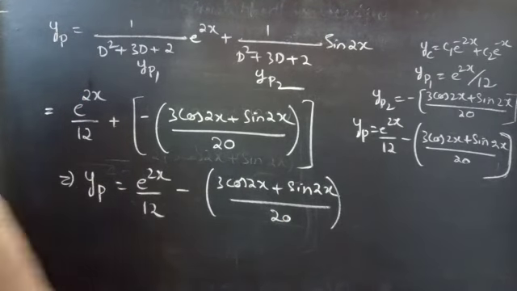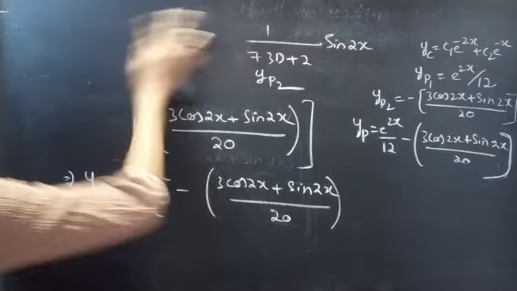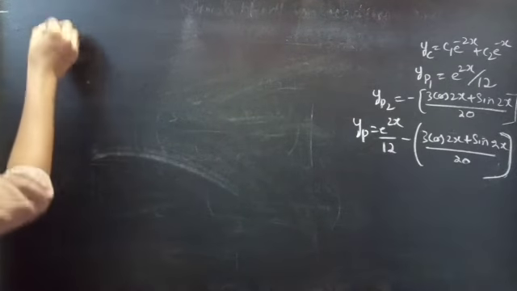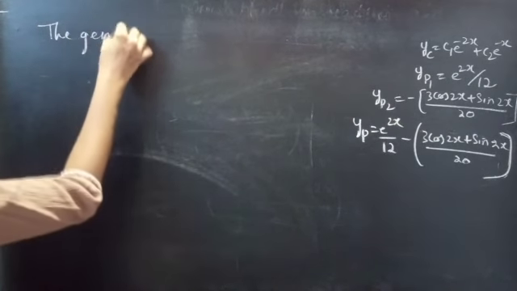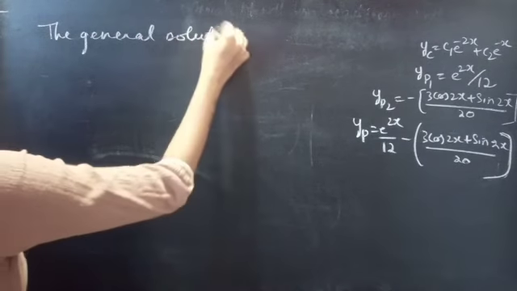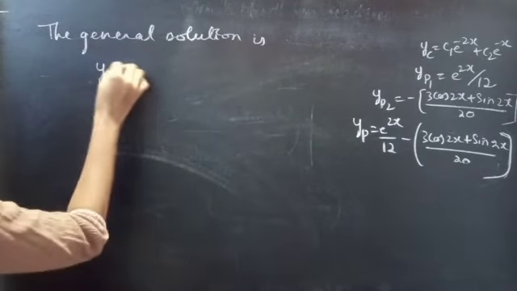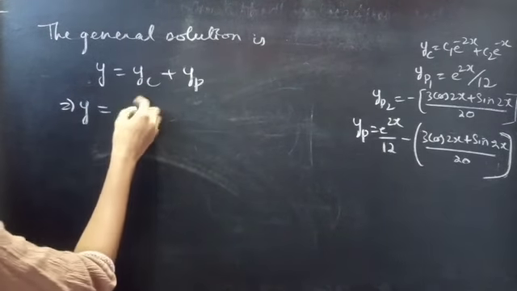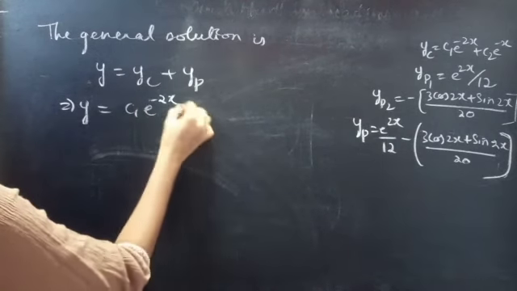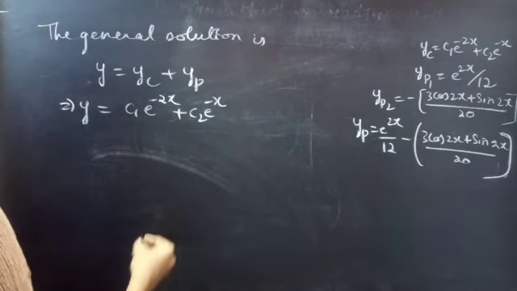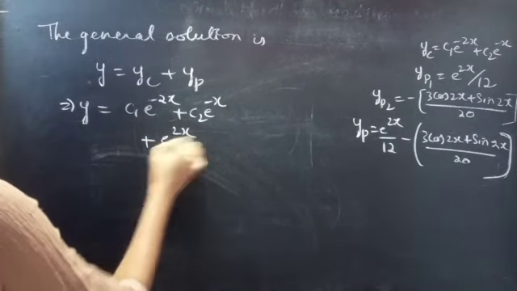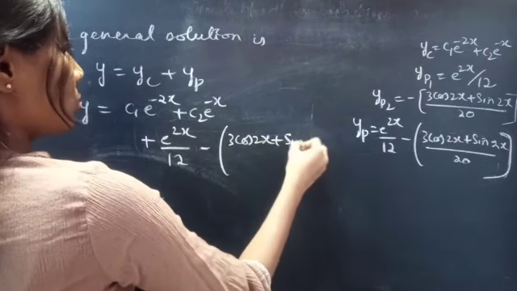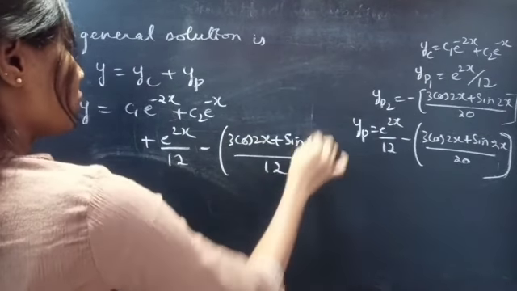Now we can write the general solution. The general solution is given by y equals to yc plus yp. We have yc, complementary function is c1 e power minus 2x plus c2 e power minus x, plus yp, e power 2x by 12 minus of 3 cos 2x plus sin 2x by 12, right?